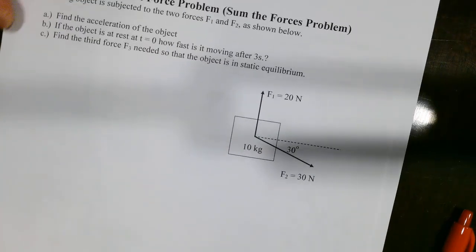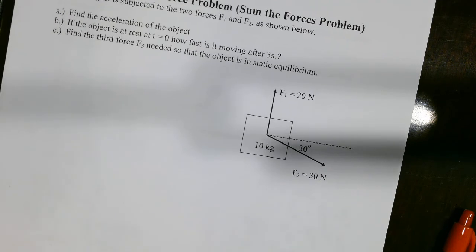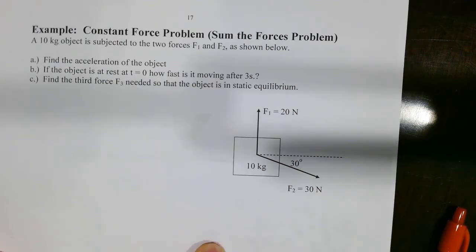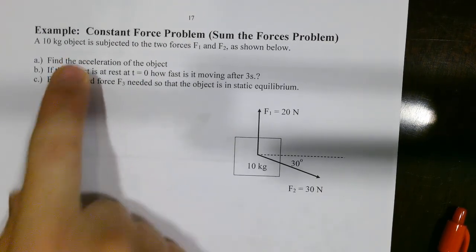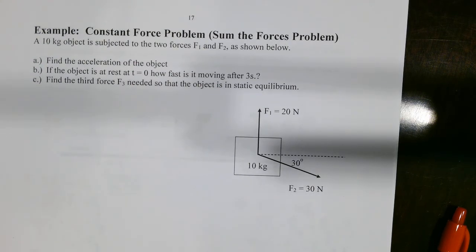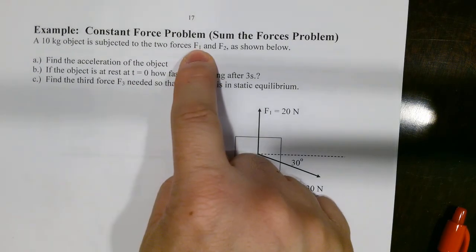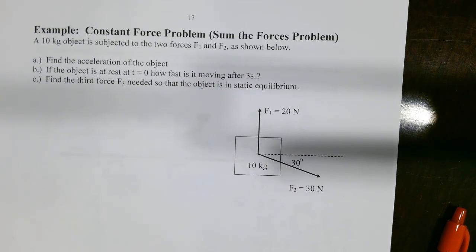All right, let's take a look at an example on page 17. So we have a 10 kilogram object, and it is subject to two forces, F1 and F2, as shown below.